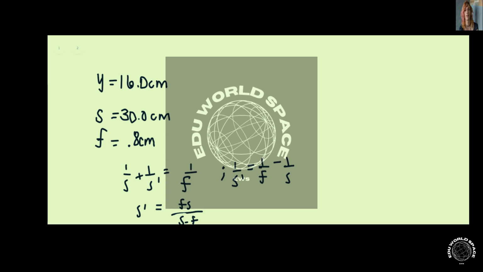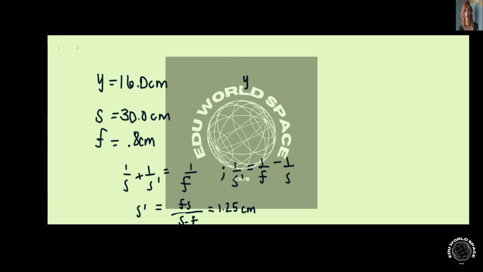I get 1.25 centimeters. So that's where the image gets focused. It makes sense that it's such a short distance because it needs to reach your cornea to go to your brain. And now we want to get the height of the image.